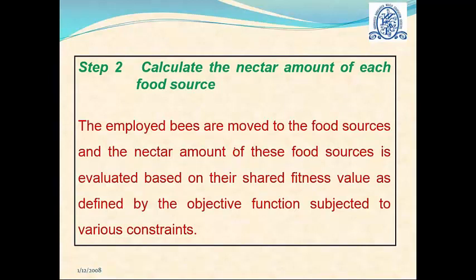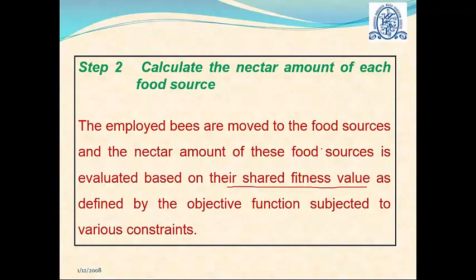Then, substituting the values of variables in that particular model, I can find out the objective function. If it was a single objective optimization, I would have directly considered the objective function values. But since here we have to consider multiple objectives, we cannot directly consider the objective function value of any of those objectives. Therefore, the food sources are evaluated based on their shared fitness value.